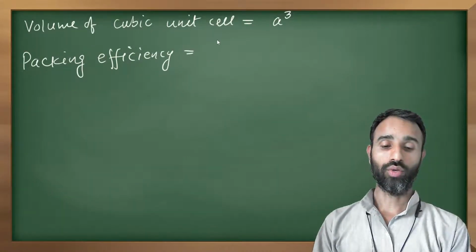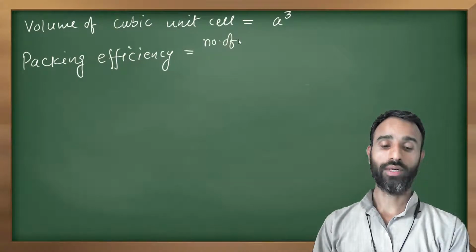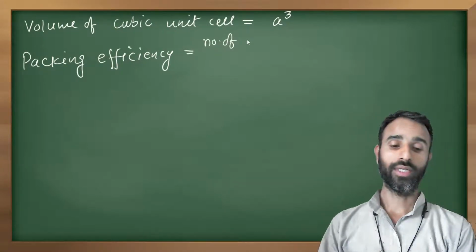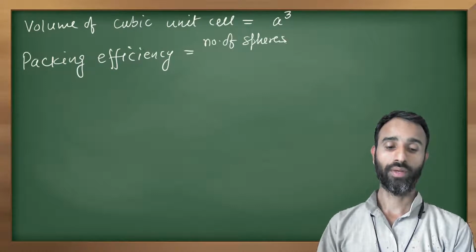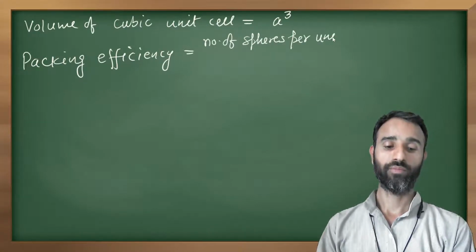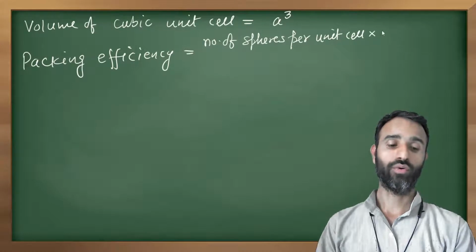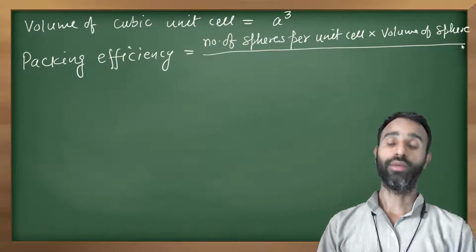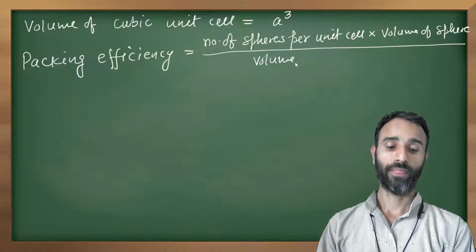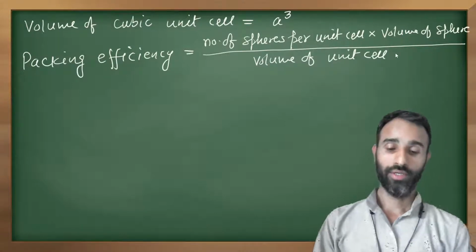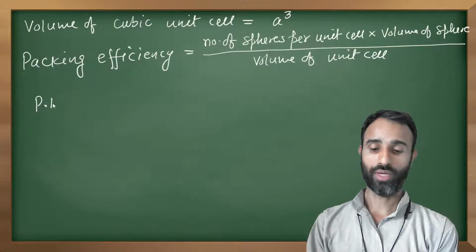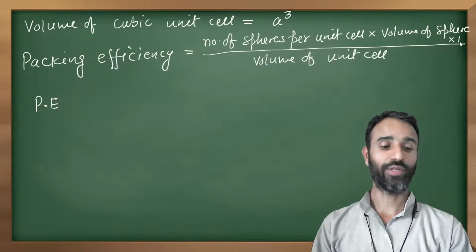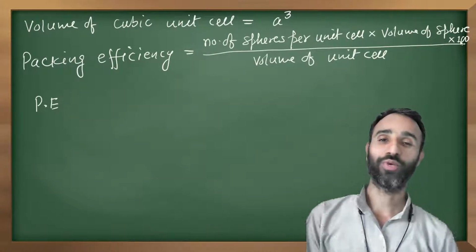So the volume occupied by the spheres is equal to the number of spheres per unit cell into the volume of each sphere, divided by the volume of unit cell, into 100, right? Sorry, every time I forget to write this.